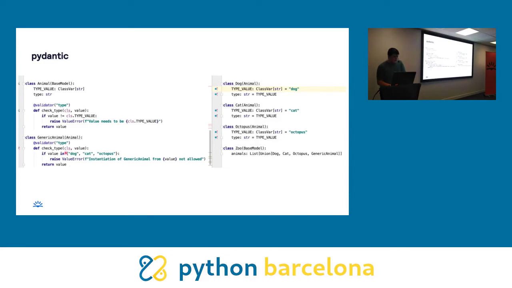So if we ended here, we would have a very big problem. That's the reason we say we are not instantiating a generic animal from a value that is not allowed, and a spider doesn't have any special class for it, so we allow creating the generic animal.